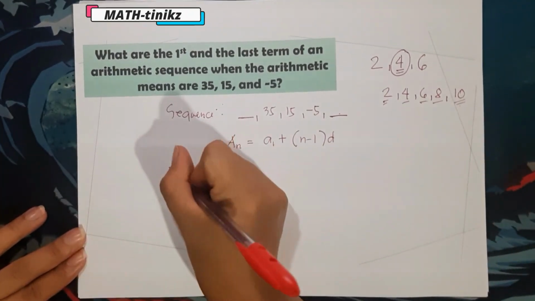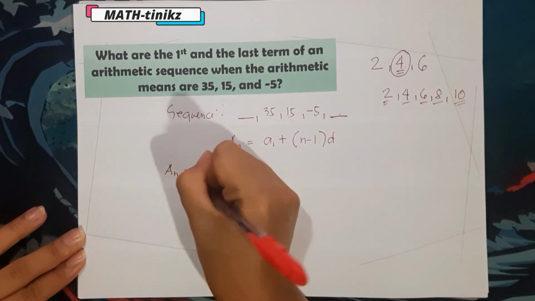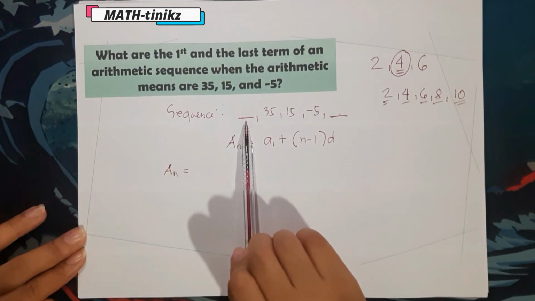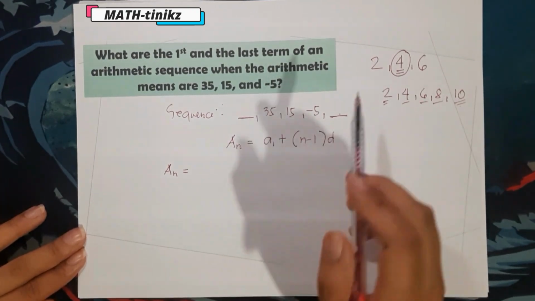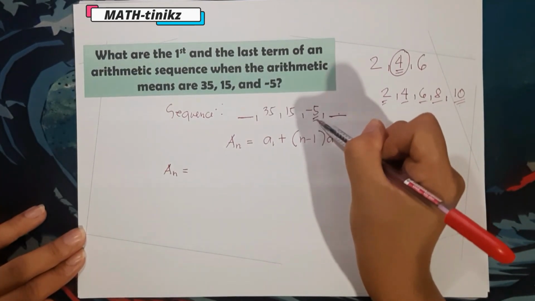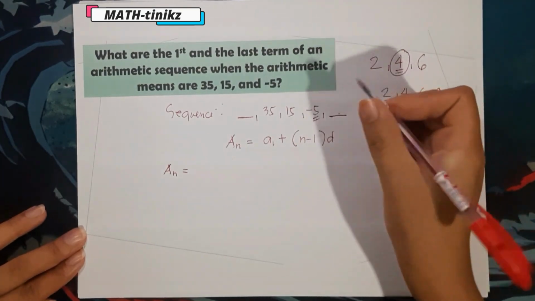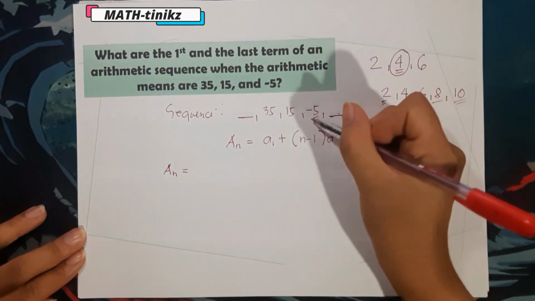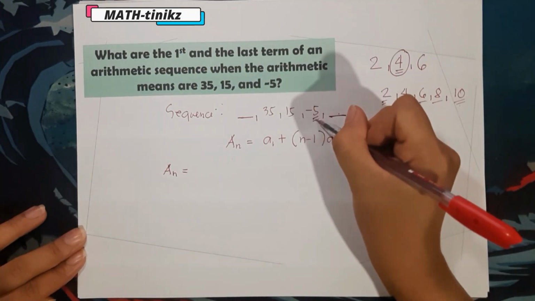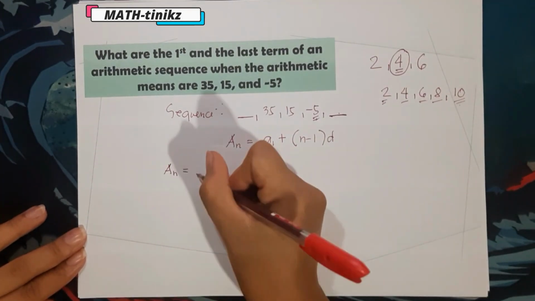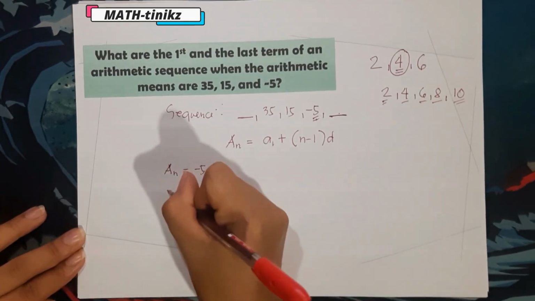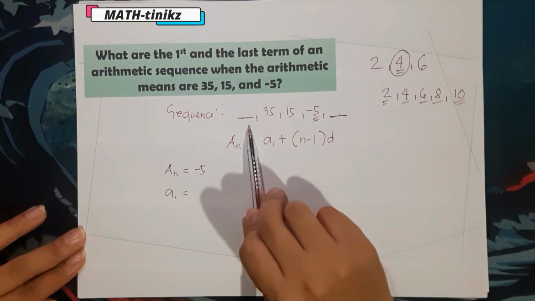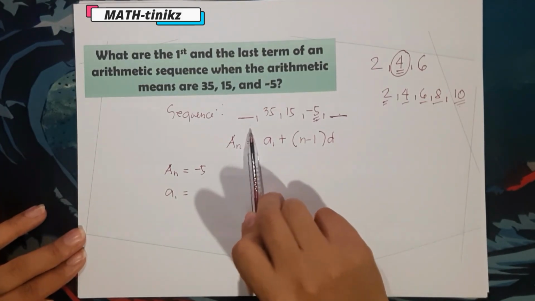Ngayon, kung gusto nyong unahin si first term, ang gagamitin nating last term is si negative 5. Bakit si negative 5? Kasi hindi pa natin alam sino ang last term. Kaya gamitin muna natin si negative 5 as the last term. So, negative 5 and a sub 1 yung kukunin natin.